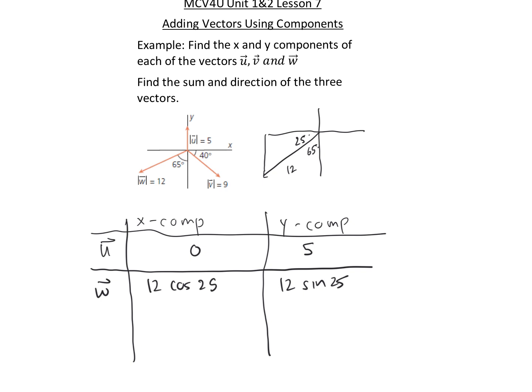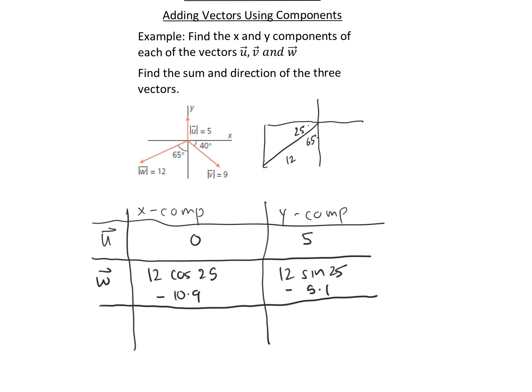So if we type that into the calculator, we get 10.9 and 5.1. Now, that vector is directed left and down, so both components would be negative because that tells us which direction that vector is going. So it's going left and down, so both x and y will be negative.